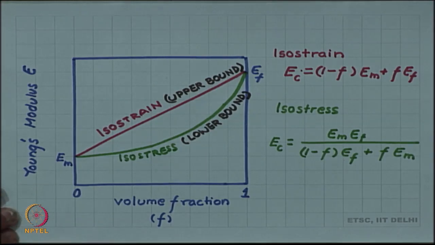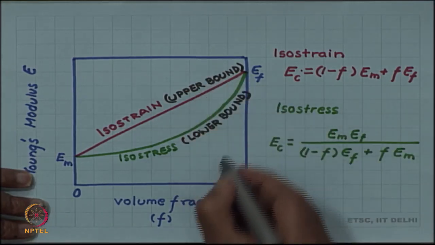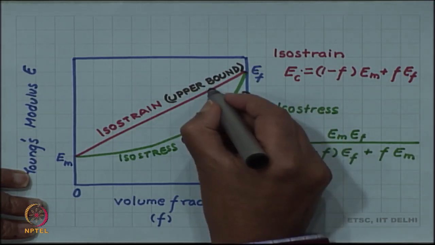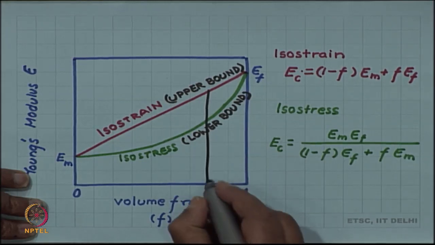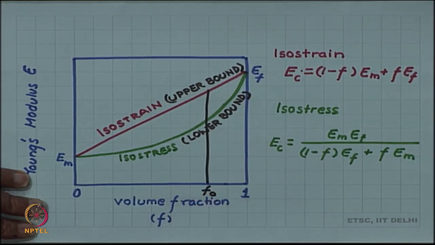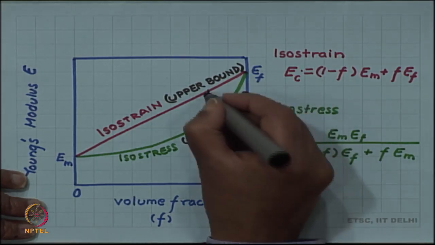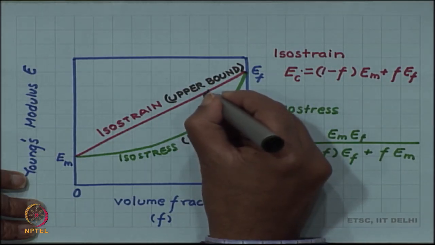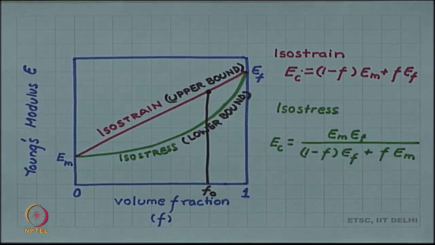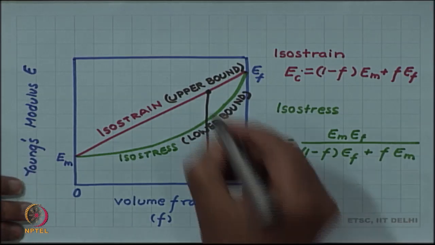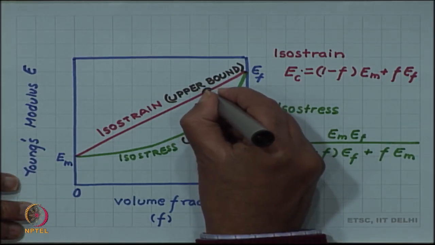Which simply means that if we take a composite of any given volume fraction, let us say F naught, and make a uniaxially aligned continuous fiber composite and load it axially along the fiber, that will be the isostrain case, and we will get a modulus on this red line.